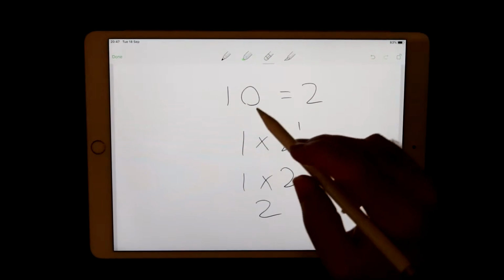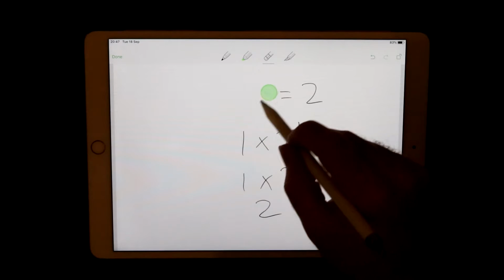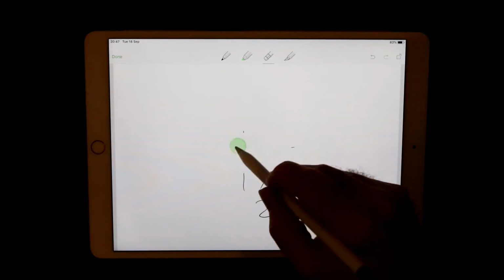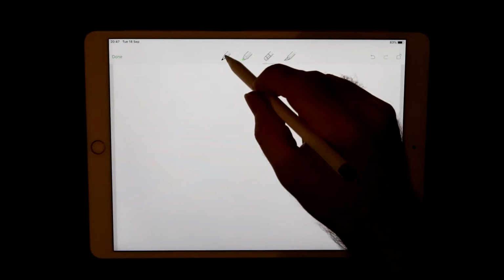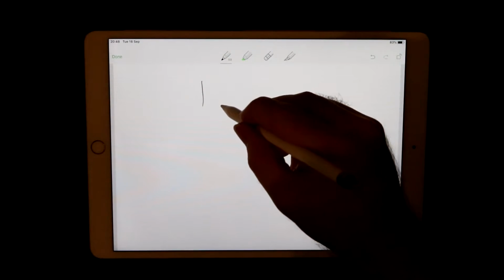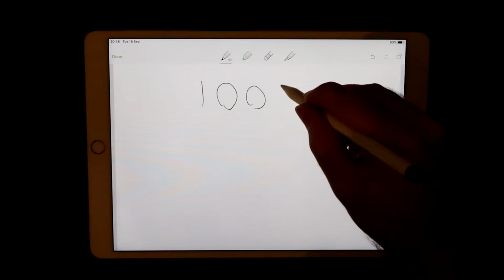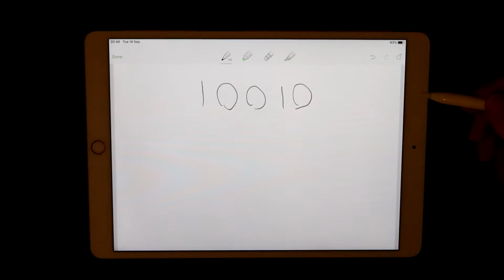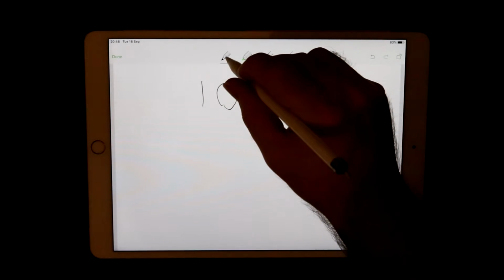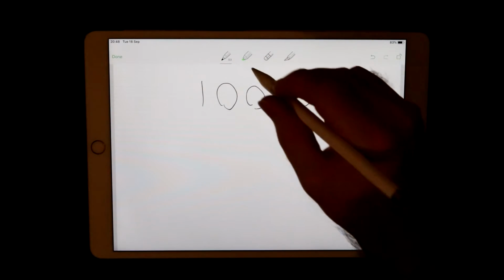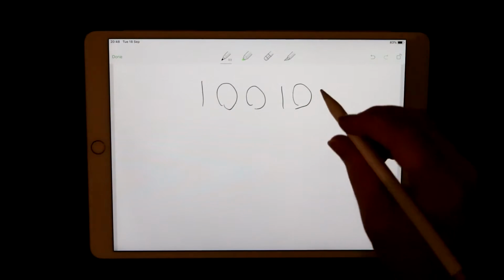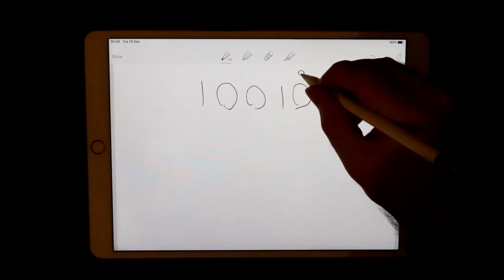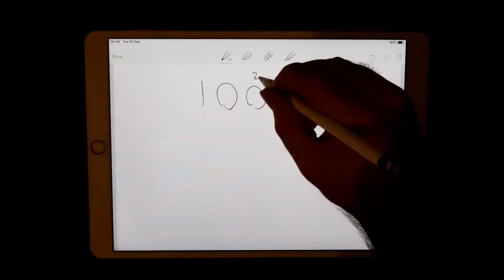Let's try something slightly more complicated. 1 0 0 1 0. So let's break this down. We have 0 here. We won't bother doing that calculation, but let's label the positions here.